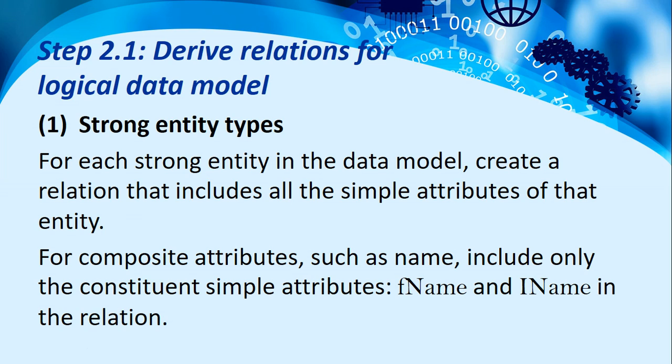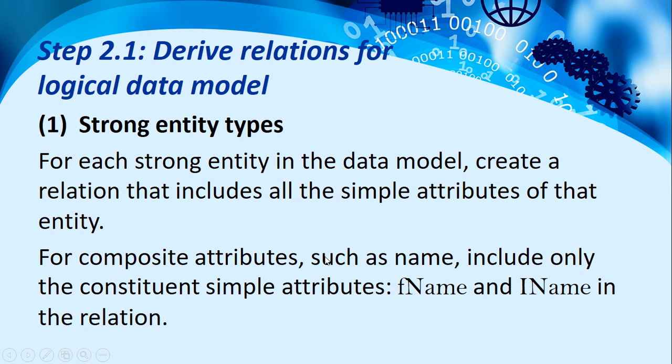For example, yung name, kasi yung name is composed of two simple attributes, the first name and the last name. So pag maglilista na tayo galing sa conceptual data model, kung may composite attributes man doon, yung isusulat mo lang yung simple attributes niya.